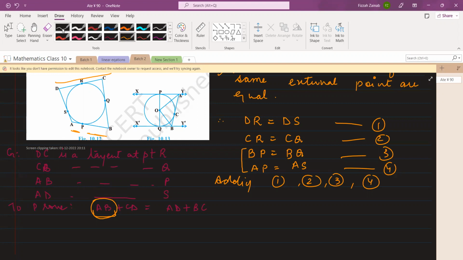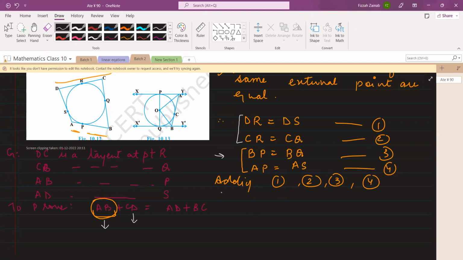I could have written BQ on the left hand side and PB on the right hand side also. Ultimately, they are equal. But I am writing this way because when I add them, I'll get AB, which has to occur on the left hand side. And similarly, I want CD on the left hand side. So CD is DR plus CR. That is why I'm keeping them on the left hand side. I hope it's clear now.